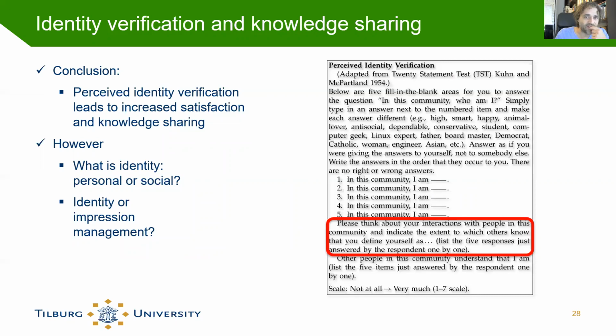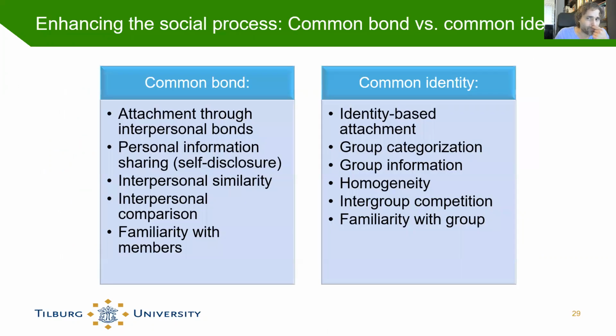I think for now it's most important to tell something about common bond and common identity, because what we discussed before mostly relates to people knowing each other, so that I know him or her, I can ask him or her a question.